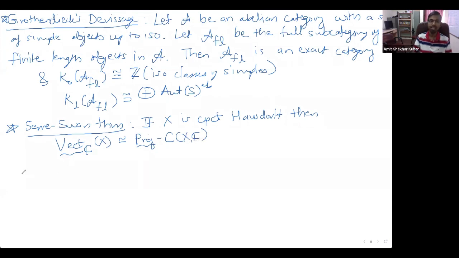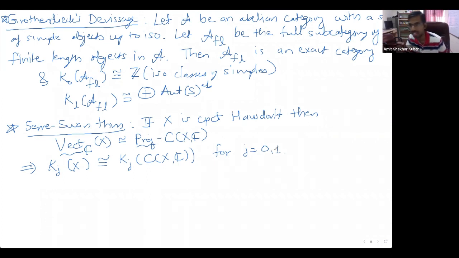And therefore, Kj of X, topological K theory, is same as the algebraic K theory of the ring of continuous functions. Well, you can also replace C with R in this case. For now, we should just say j is equal to 0 and 1 because we haven't defined K2 of an exact category.